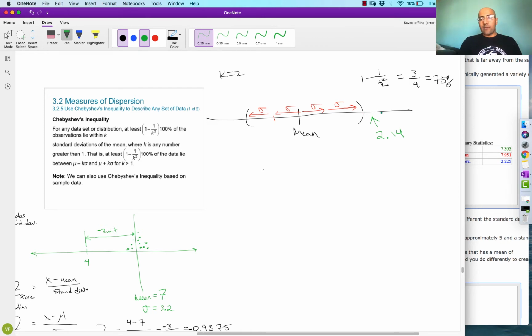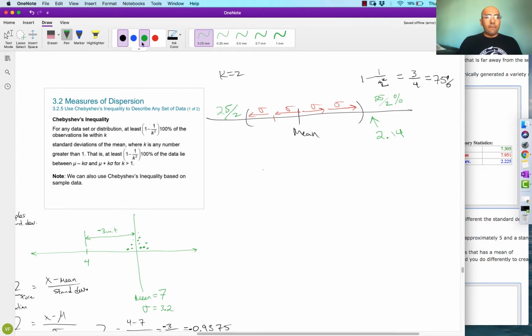If it's symmetric, that means the extra 25%, about half of it, 12.5%, is on this side, and about the other half, 12.5%, is on the other side. So that would indicate that this is an unusually high value.